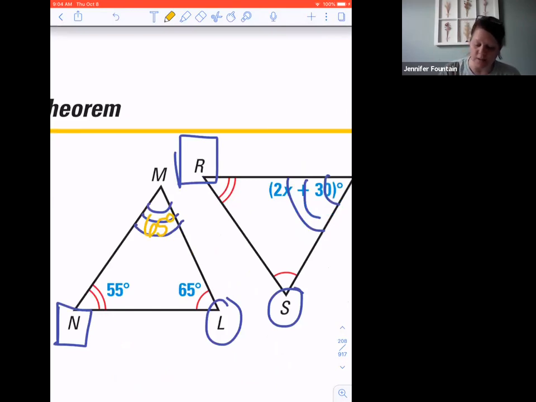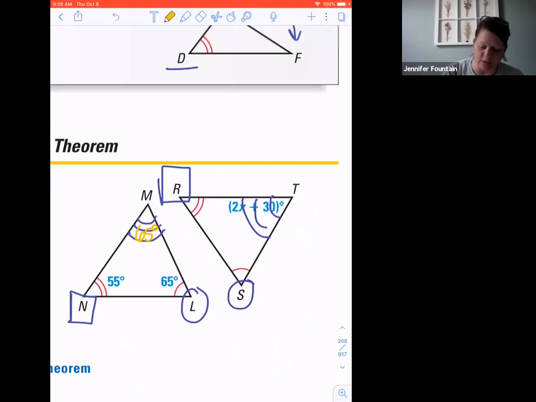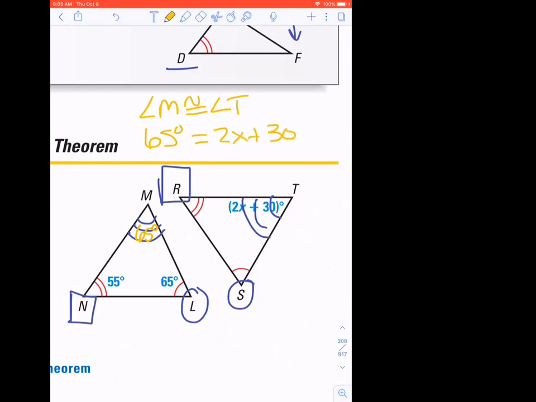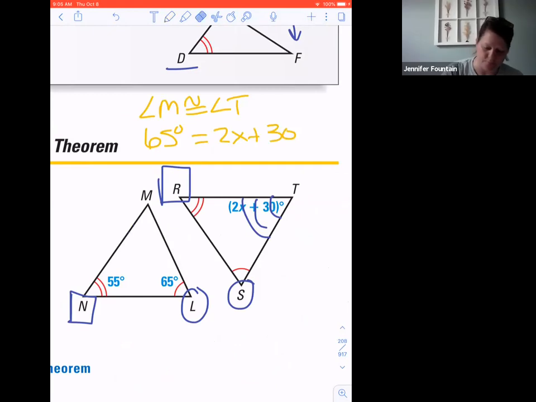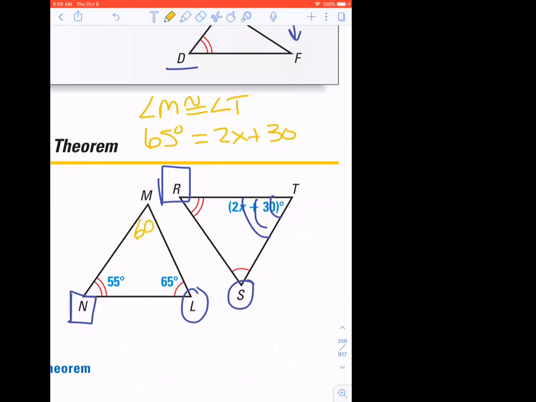Now I know that angle M is congruent to angle T. Therefore, 65 degrees equals 2x plus 30. Where did you get 65? I'm sorry, it's supposed to be 60. My bad. 60 degrees. So let me fix that here.